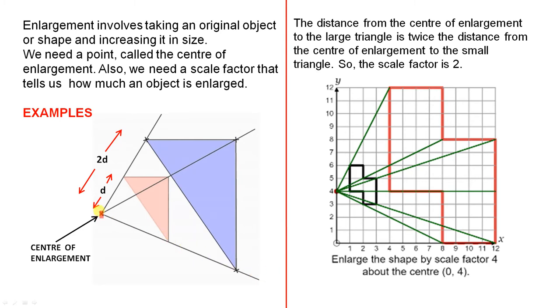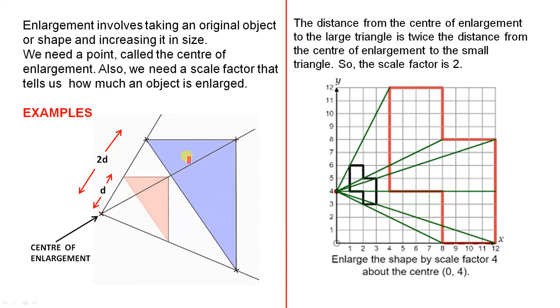Now, we measure the distance from there to there, and then we make that distance twice as large. That's 2D. So whatever that distance is, the distance from there to there is 2D. Whatever that distance is there, that distance is twice as large. And whatever that distance is to that point there, the distance from there to there is twice as large.